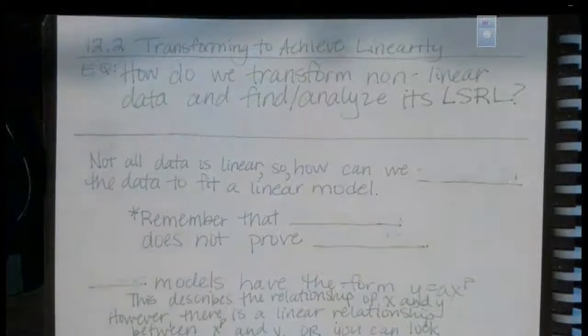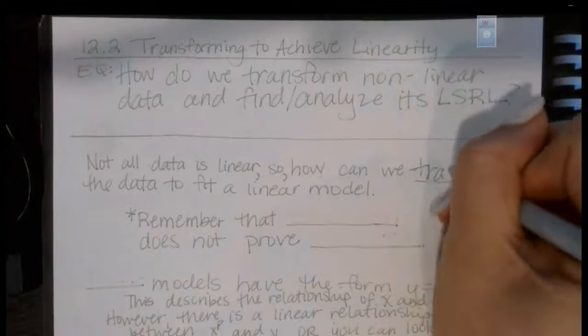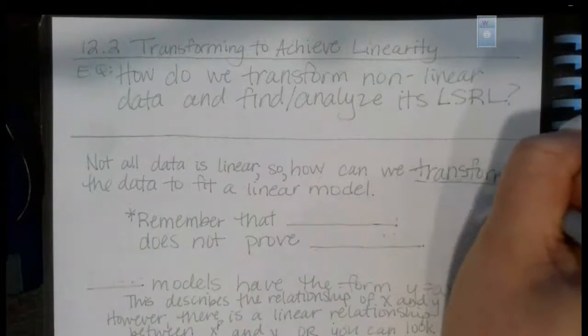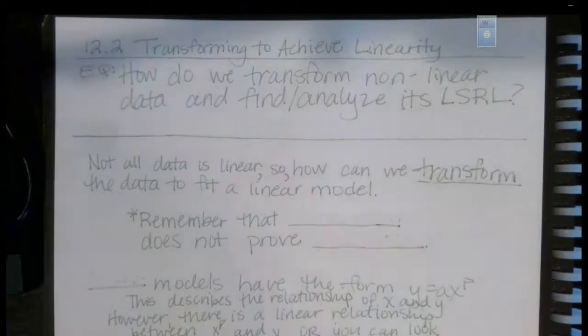Alright, so we know this because you've been in Algebra 1, Algebra 2, Pre-Cal, but not all data is linear. So how can we transform the data to fit a linear model?